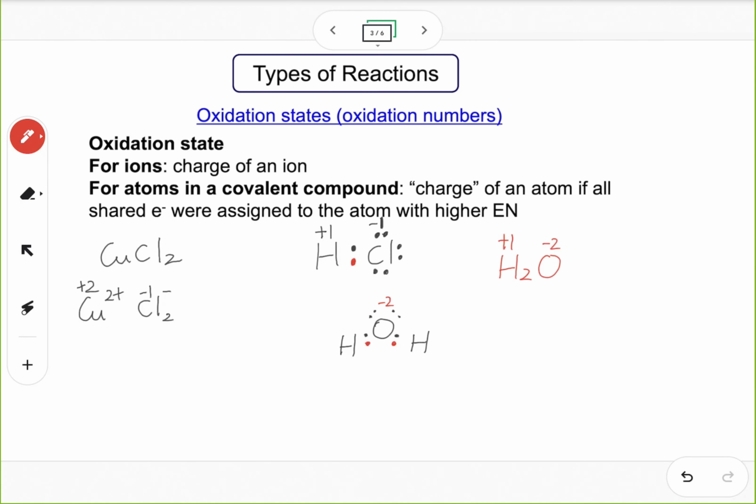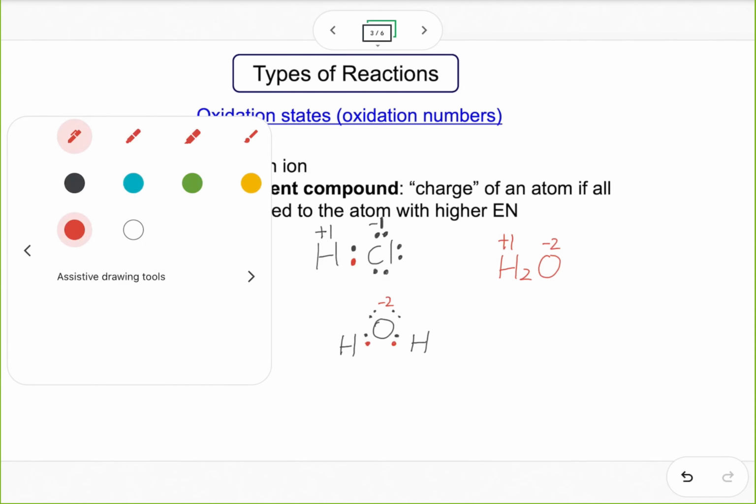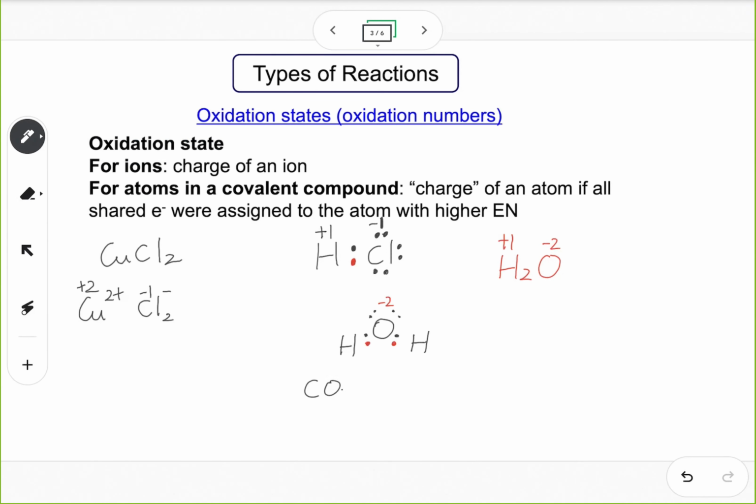All right, let's see one more example. Carbon dioxide, CO2. We know CO2 has 2 double bonds on the 2 sides of carbon. Let me write it here.